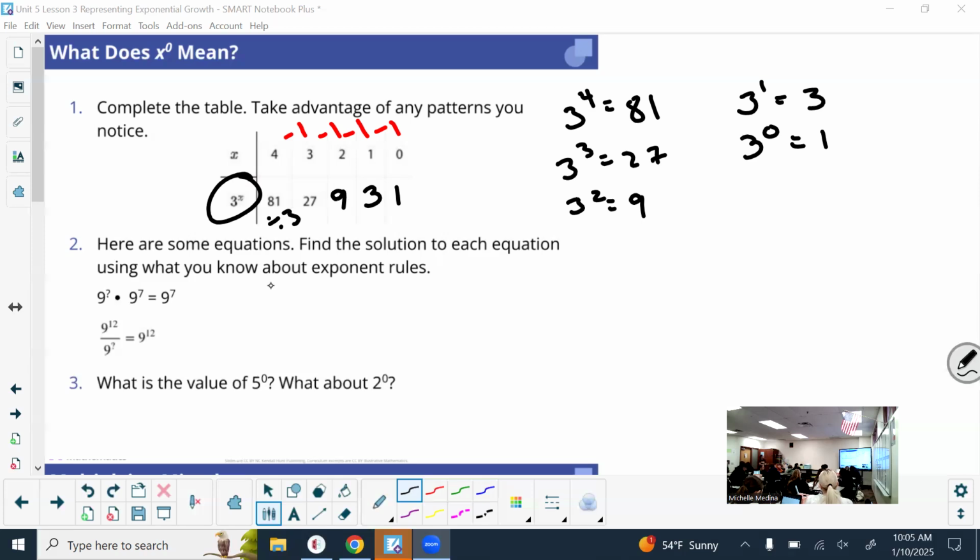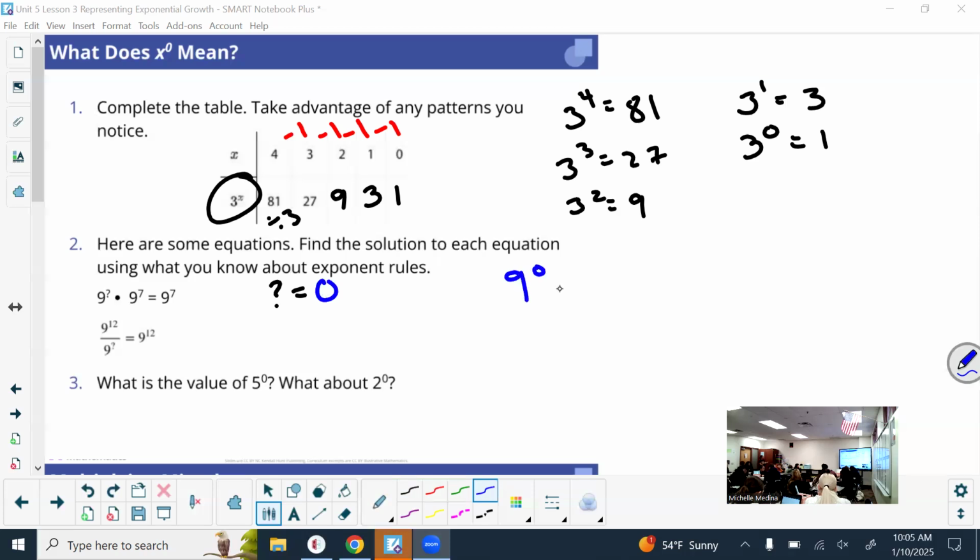What should the question mark equal? What exponent rule can we apply?